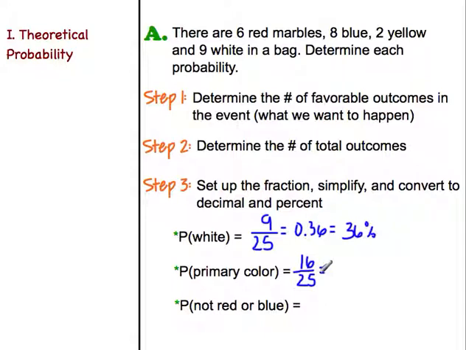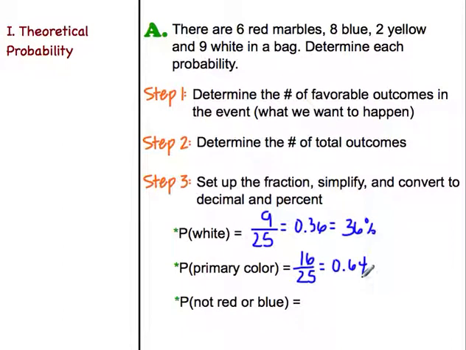So if I take 16 divided by 25, I get 0.64, which gives me 64%. Now remember, this isn't what actually happens. This is what we would assume would happen if the world were perfect.